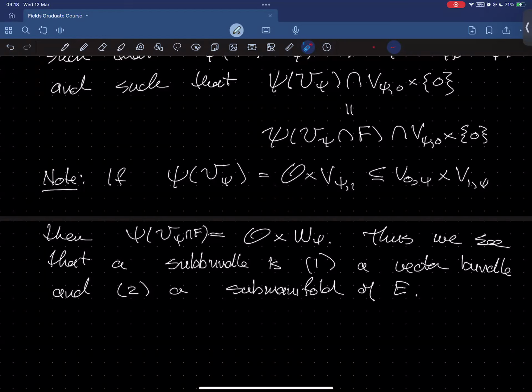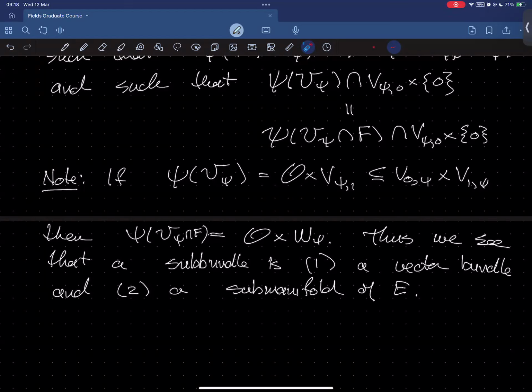They both had fibers that were R, but they were not the same vector bundle. One was a cylinder, and the other one was what I would call a twisted cylinder, like a Mobius strip, but a vector bundle version of a Mobius strip. So it's really not just enough to verify that the thing locally looks like a local vector bundle. You have to verify the overlap conditions.